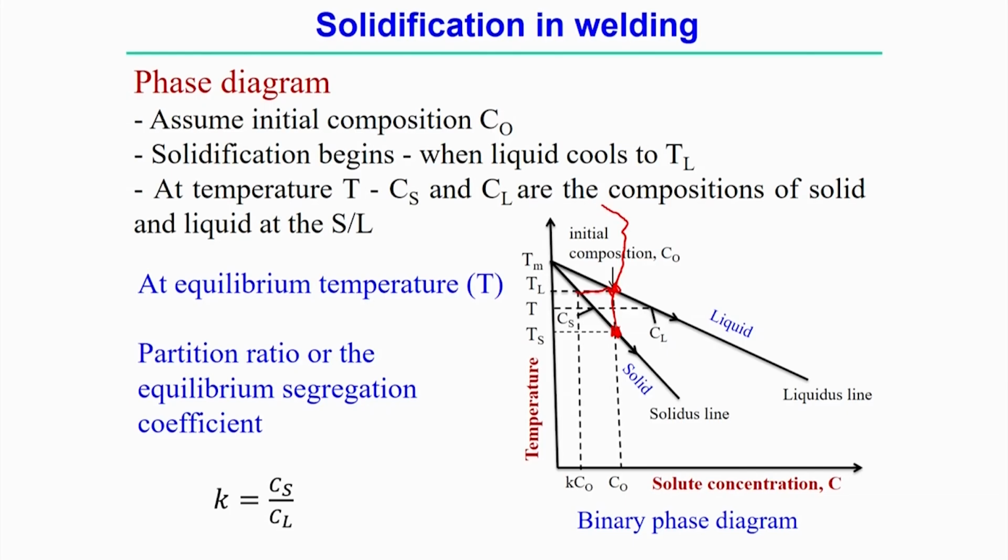Now, what is the typical point here? At any temperature T, Cs represents the composition of the solid and Cl represents the composition of the liquid, with the liquid and solid phases coexisting. At equilibrium temperature T, the partition ratio, or equilibrium segregation coefficient, small k, is represented by the ratio Cs by Cl.